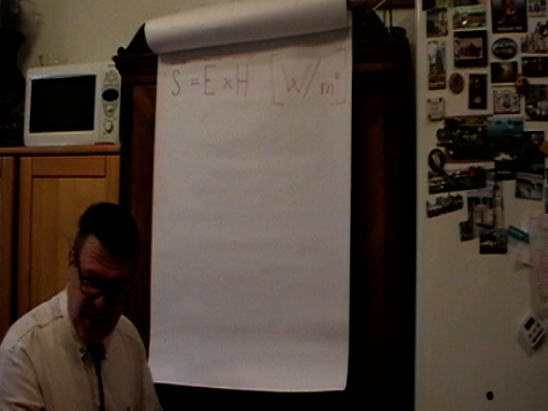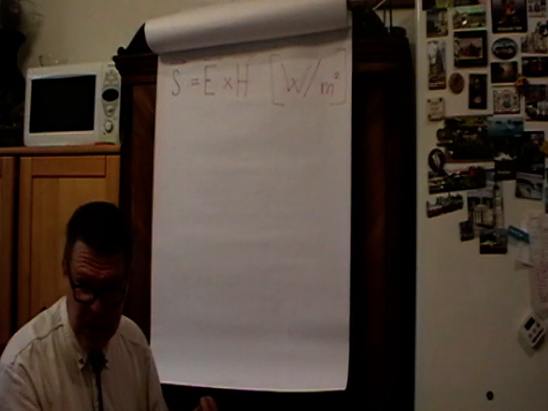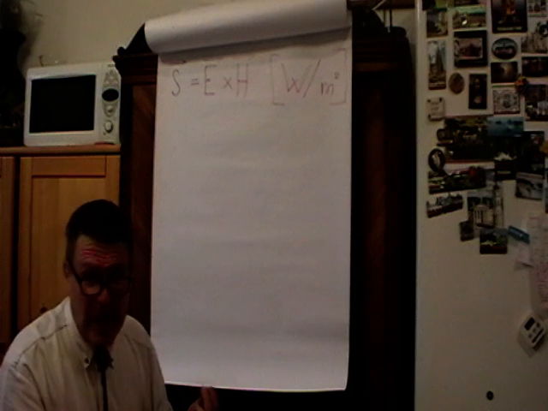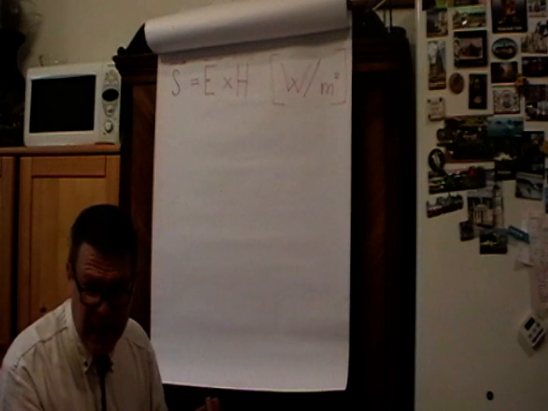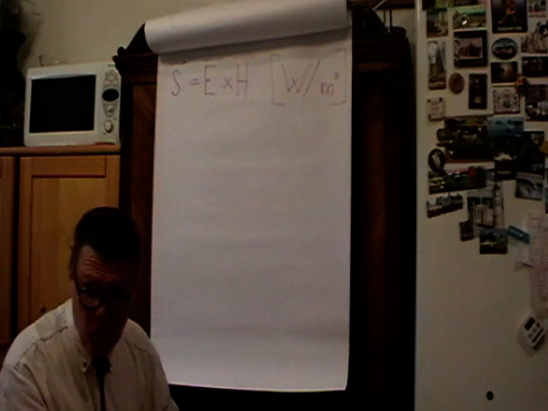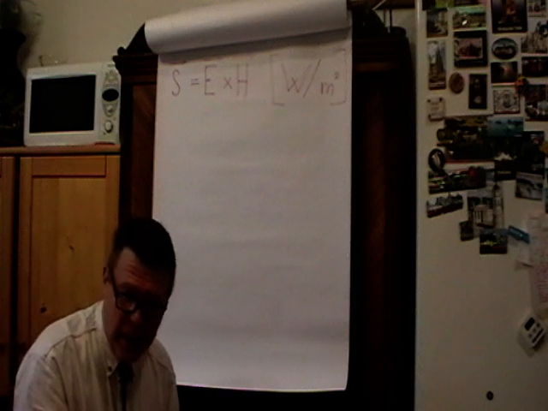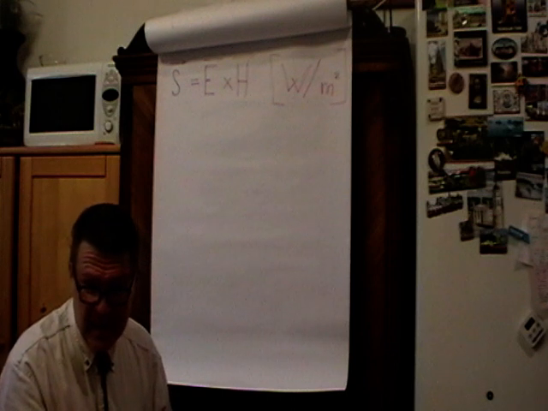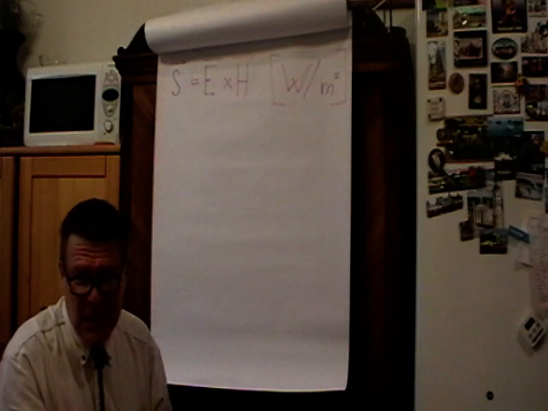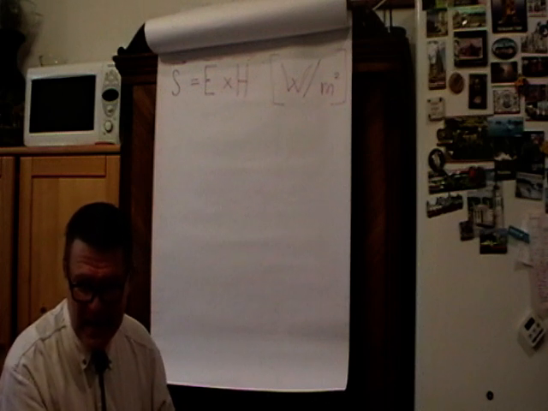And that brings us to the physical meaning of that vector. The Poynting vector tells us the direction in which energy propagates or moves, or we can say in which power moves and propagates, because after some time of propagating power we get some energy.